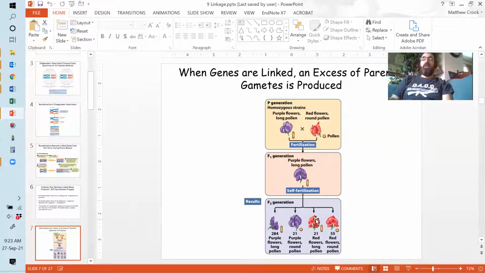And so you no longer have a 9 to 3 to 3 to 1 ratio. You have a something ratio, depending on how close those genes are together. So wherever you see a lack of the non-parentals, the recombinants, linkage is what is causing that. That's the reason.